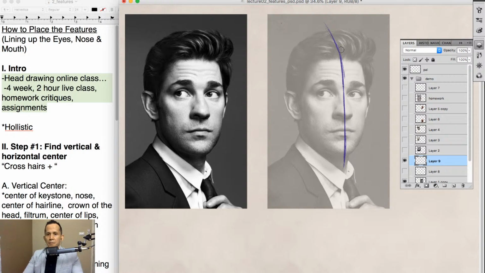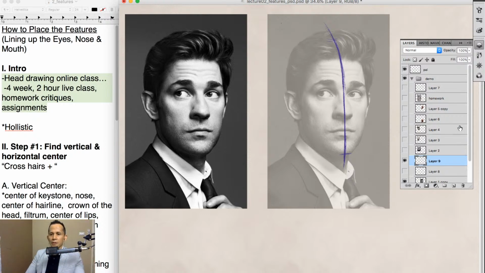So there we go. And this is not the best looking line. So that's vertical center. So now, once I have vertical center, I can build the two-dimensional framework. So now I need to find horizontal center.